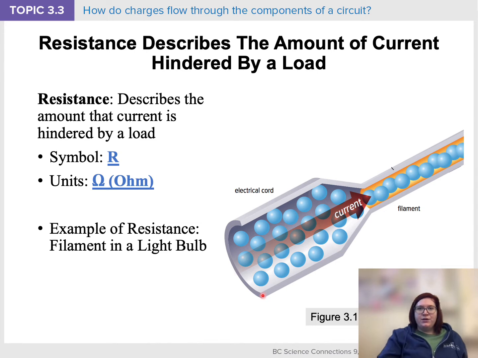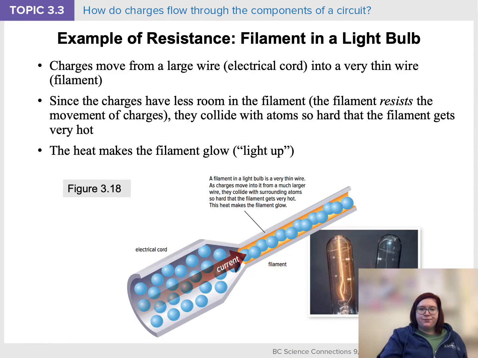So how does this work in a light bulb? In a light bulb, the charges come from a large wire, like an electrical cord, into a very thin wire called a filament. The filament is the part of the light bulb that lights up. If you look really closely in a light bulb, you can see a tiny little wire coiled up in there.